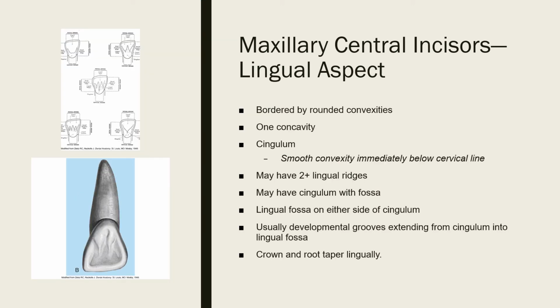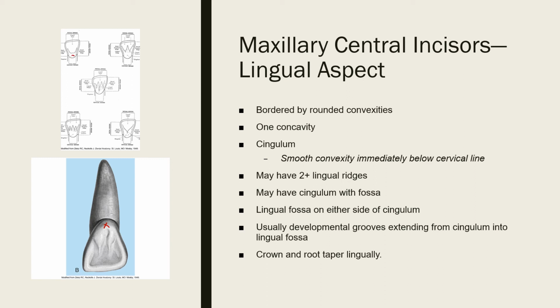All right, here's our lingual aspect, which we did just get a little view of. The borders are going to be more rounded by the convexities, okay? There's one concavity, meaning going in, and then a cingulum. So here's our cingulum, and I wish these pictures showed up a little bit better.